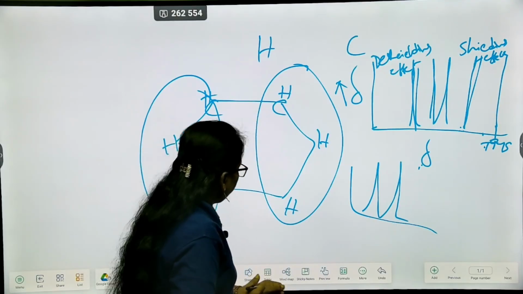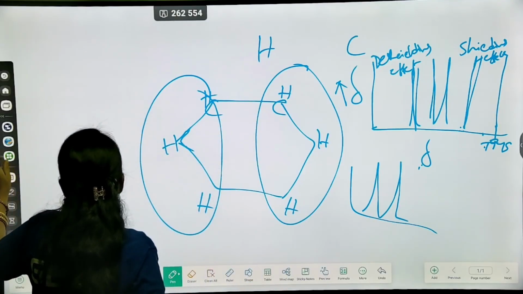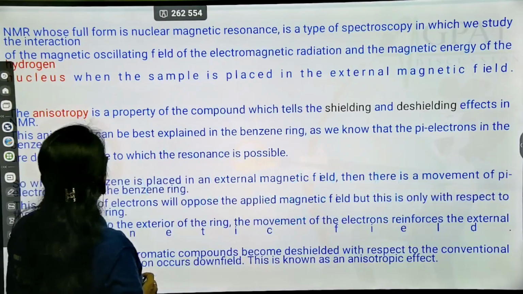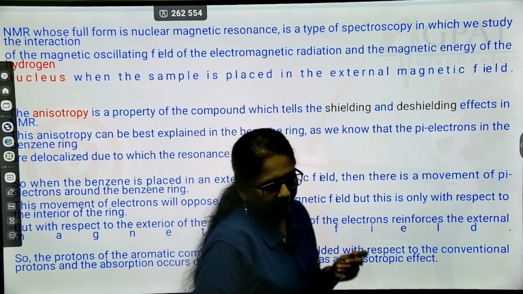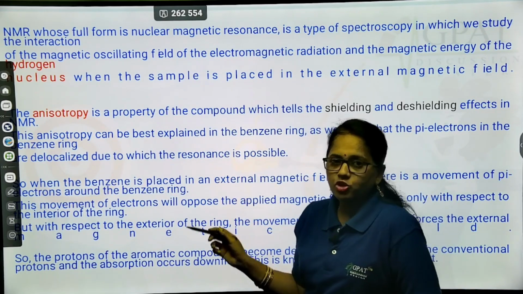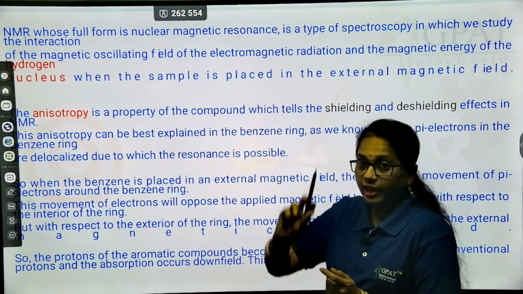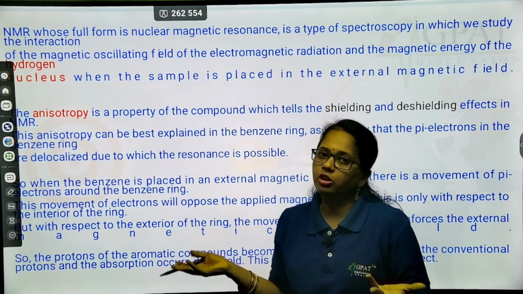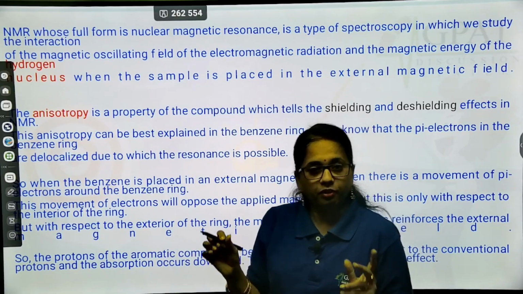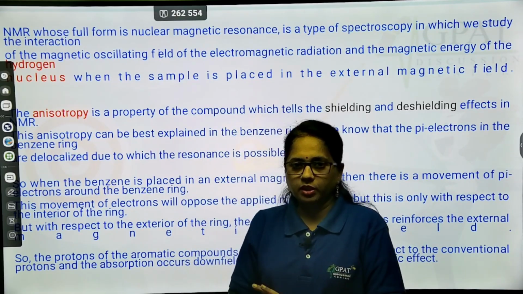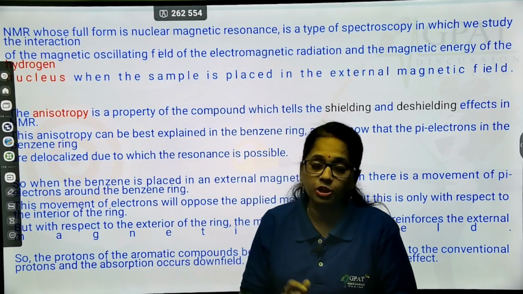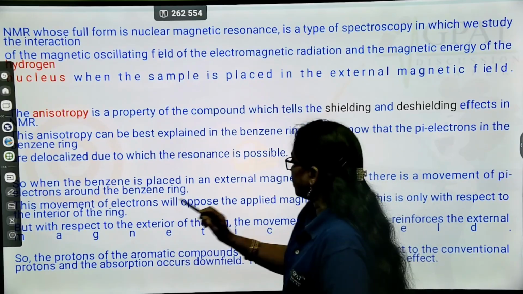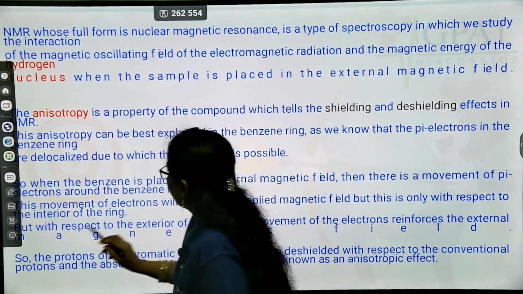If you observe the anisotropy in detail, you will see how the pi electrons around the benzene ring move. If you don't apply an external magnetic field, you are not going to see any anisotropy. Whenever you apply a magnetic field externally, there is a movement of the electrons around the benzene ring.